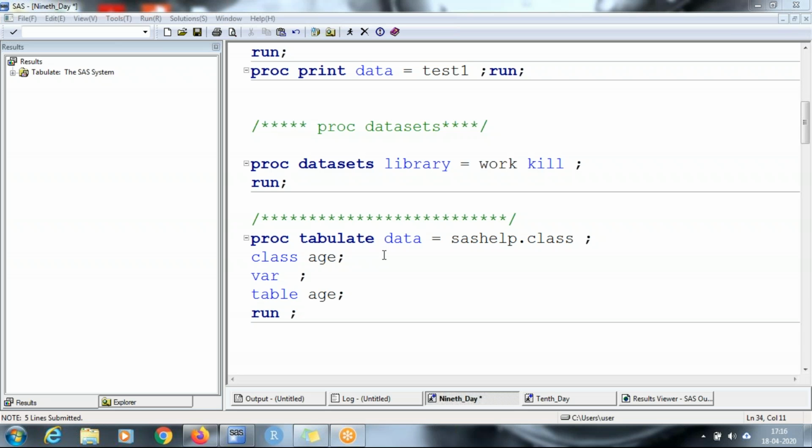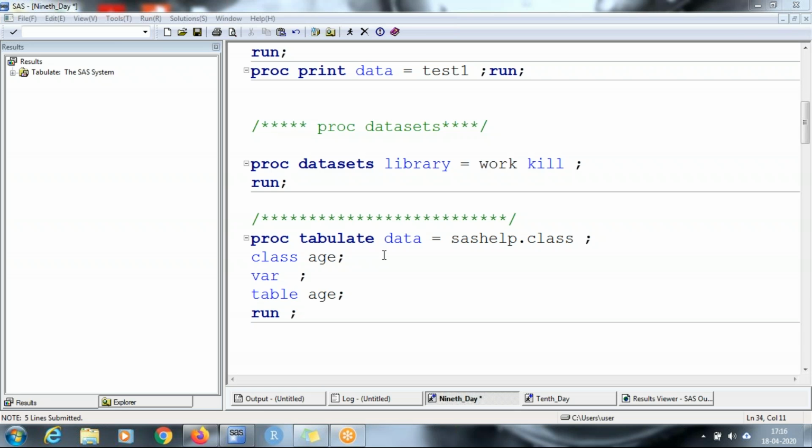For example, if I ask you, give me some mathematics around gender, what can you tell me? Only the count of the gender, right? If I ask you, give me some mathematics around weight, your obvious choice would be the sum of the weight. However, you can give any other statistics.